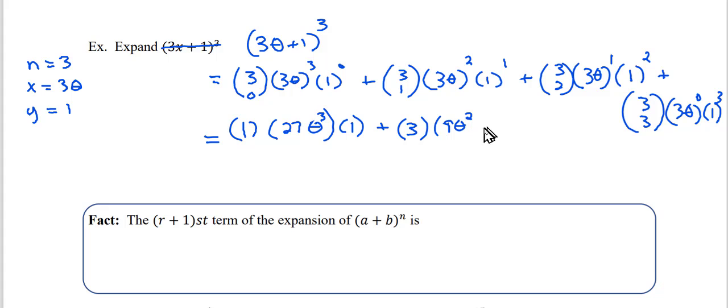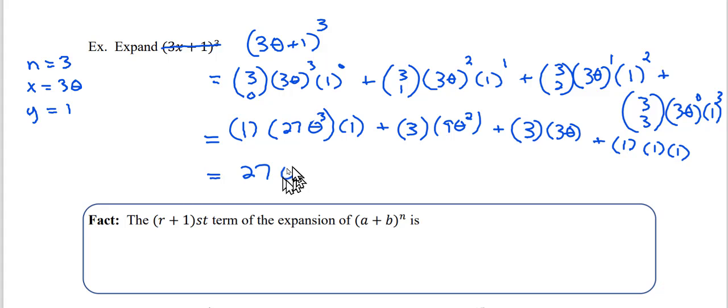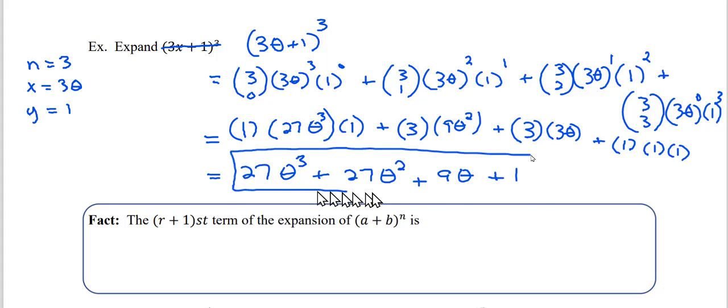Then 9 theta squared times 1. 3 choose 2 is 3 times 3 theta. And then last is 1 times 1 times 1. 27 theta cubed plus 27 theta squared plus 9 theta plus 1. That's what we would get if we multiplied that out.